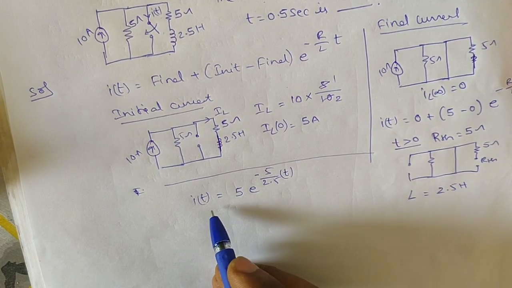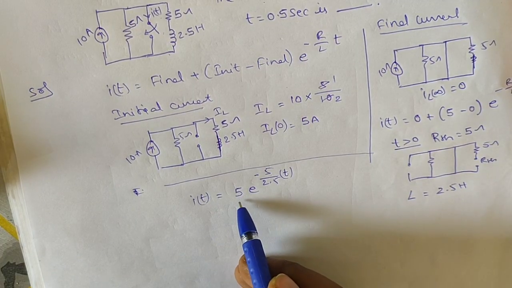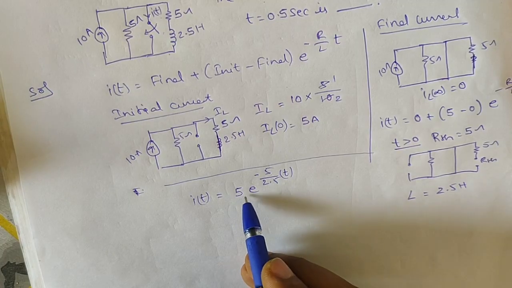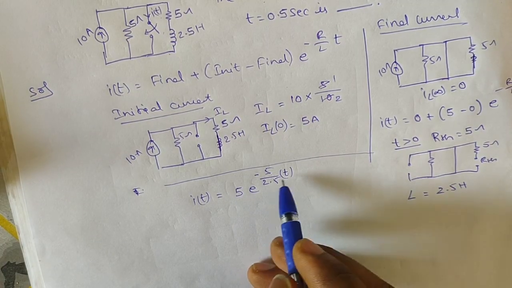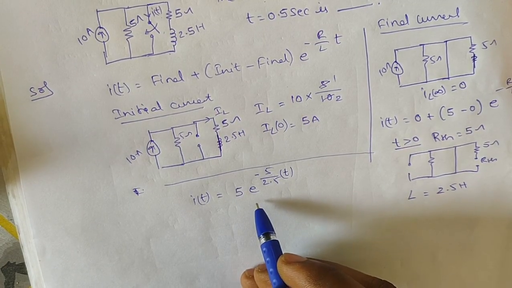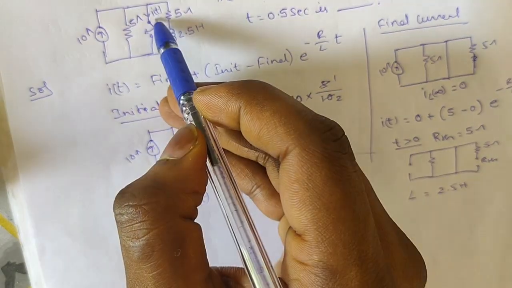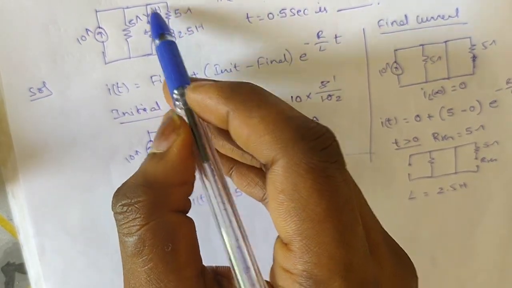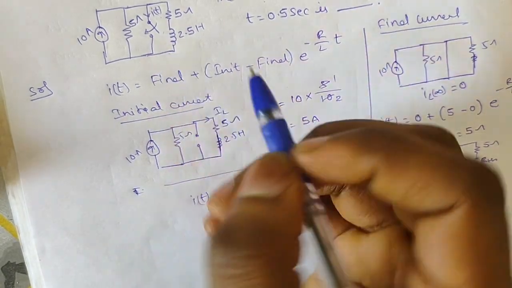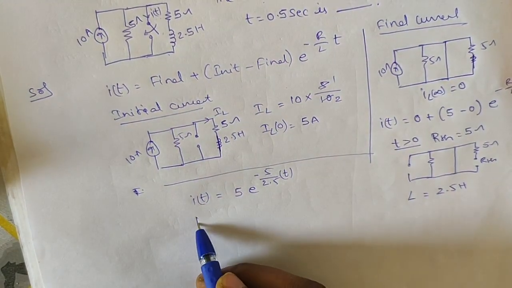Now this is the current across the inductor, but they are asking for the current in the short circuit path, the switch path. So we will draw the circuit.